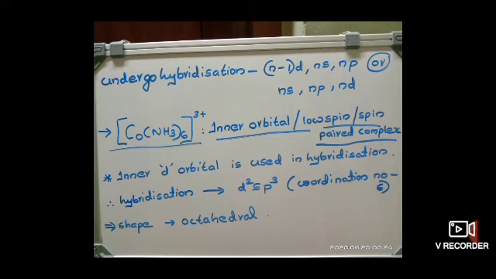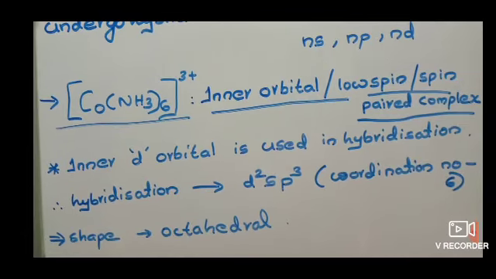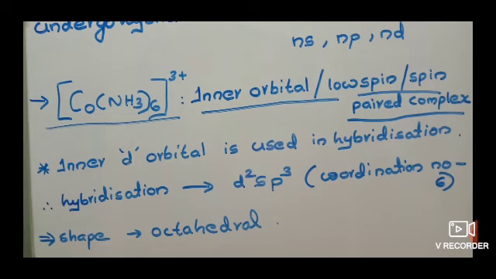The first one is [Co(NH3)6]3+. This is also known as an inner orbital complex. The reason is that this complex uses inner d orbitals for the hybridization. Therefore, it is known as an inner orbital complex or low spin complex.